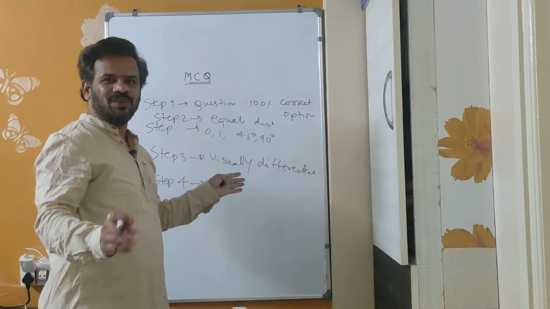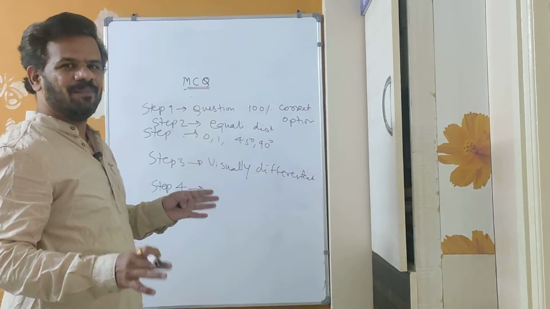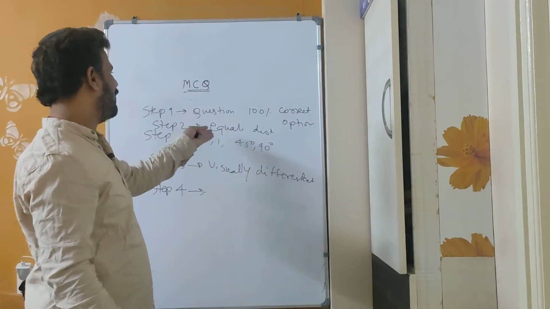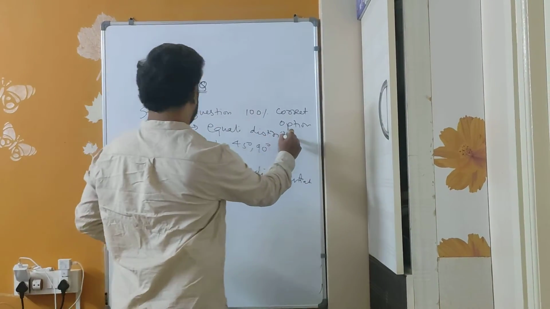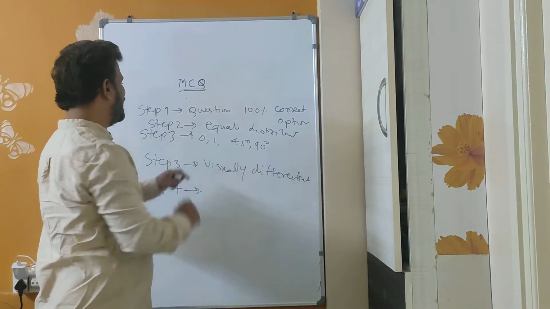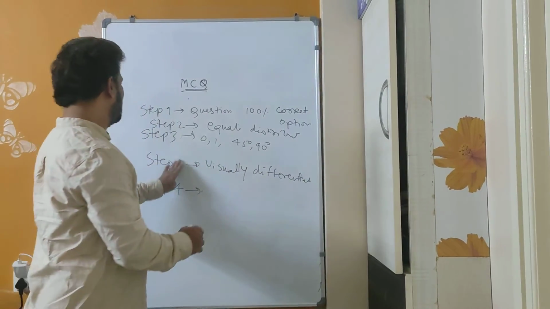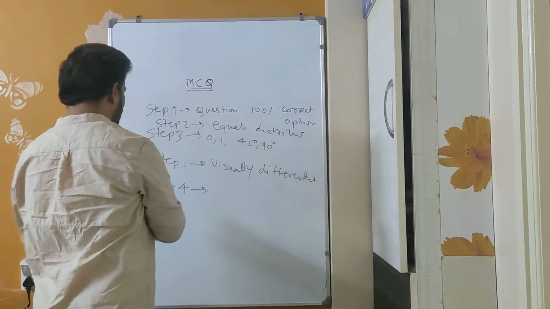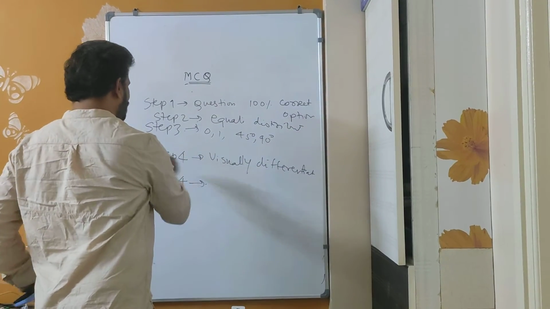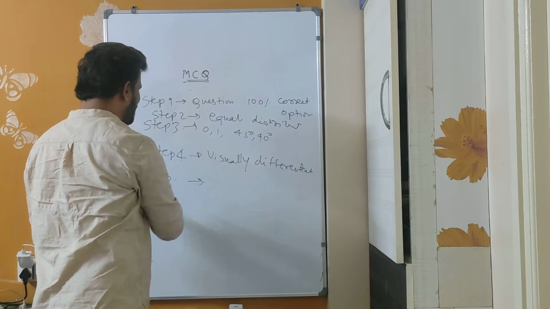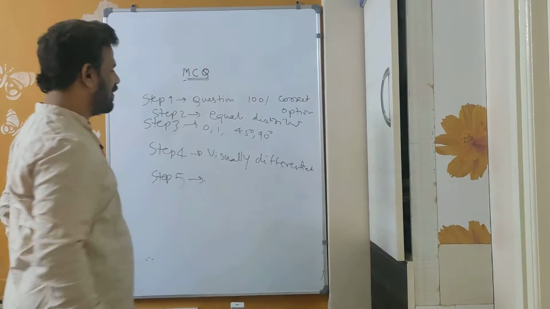So plus or minus 20% can be deviation, but in most competitive exams you will find equal distribution. Then step 3 goes to identifying the easiest. Then step 4 is to find out the visual differentiation. What is the difference between different options?